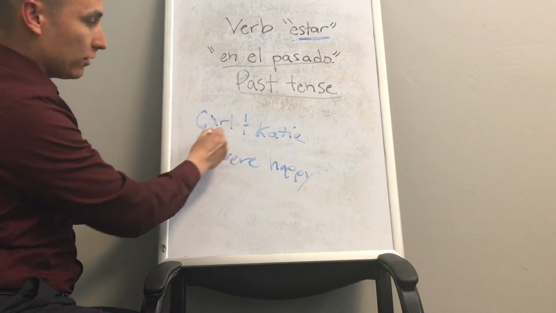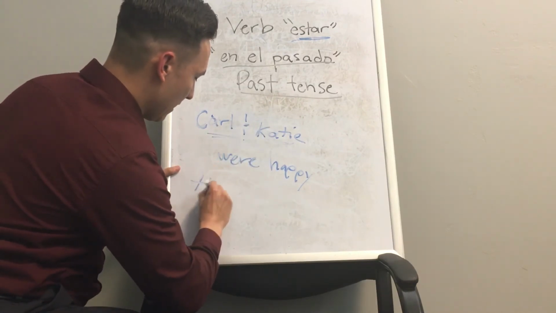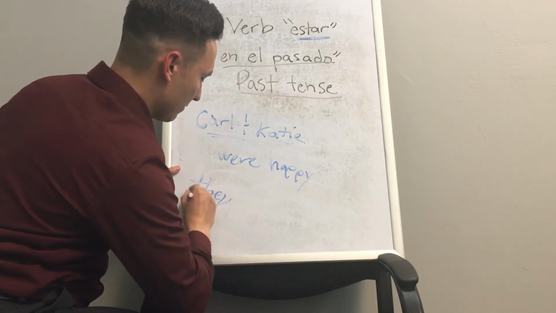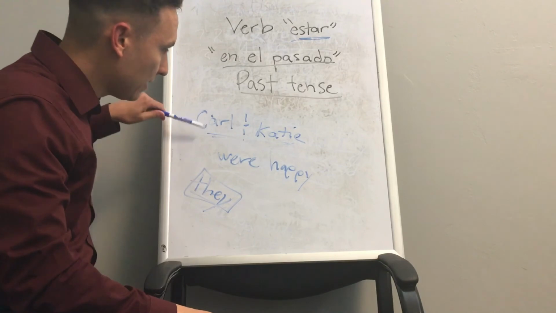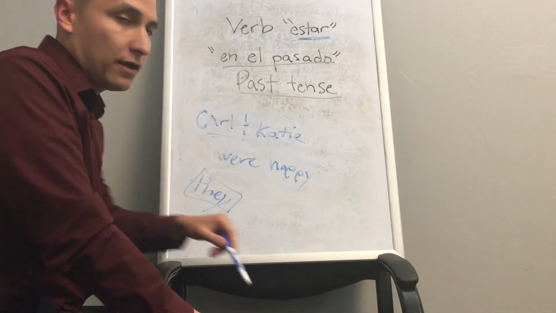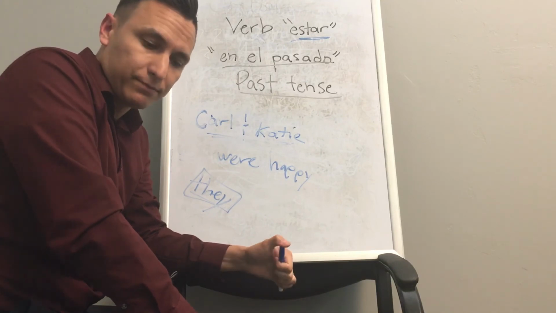Or instead of Carl and Katie, what could we use? We could use they. They were happy. I'll just put the pronoun there. So the pronoun takes the place of Carl and Katie, if you wanted to shorten it up. And it's perfectly reasonable to say both of those.